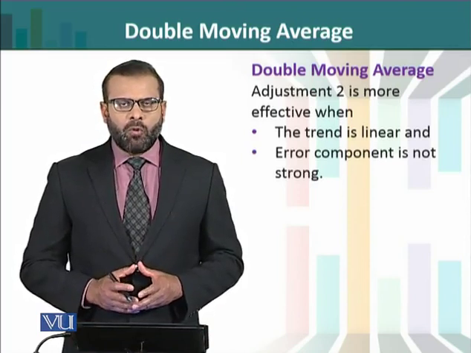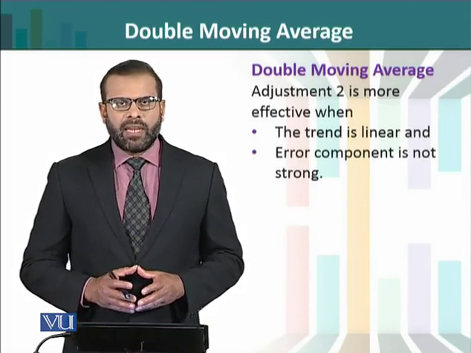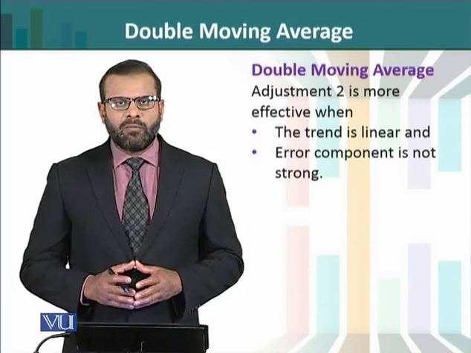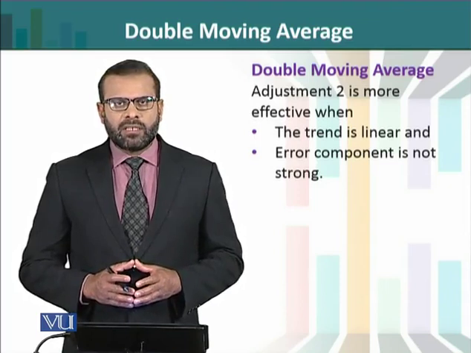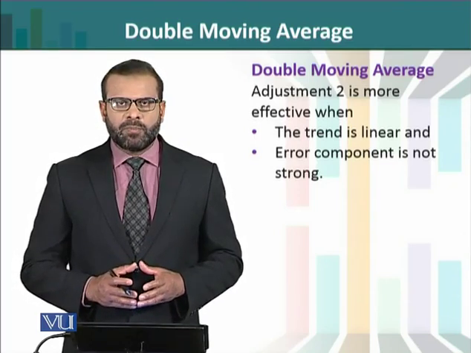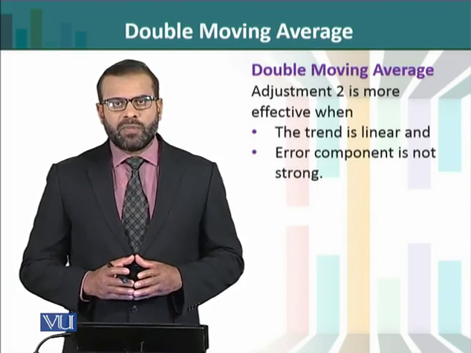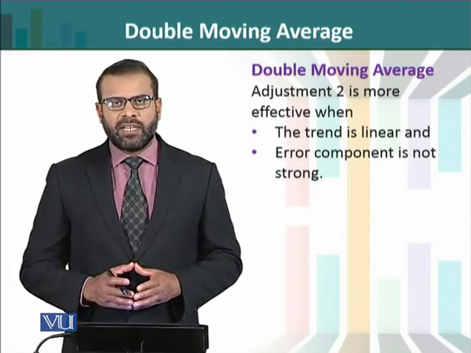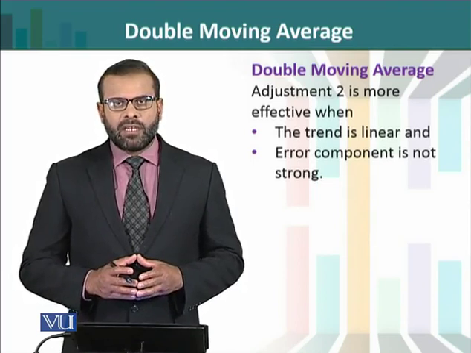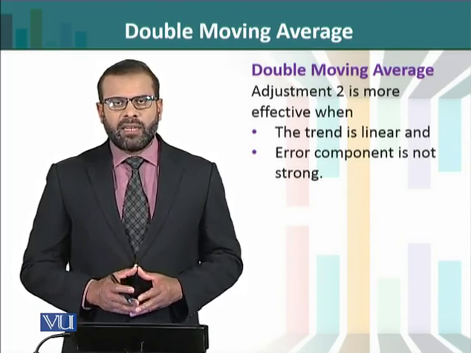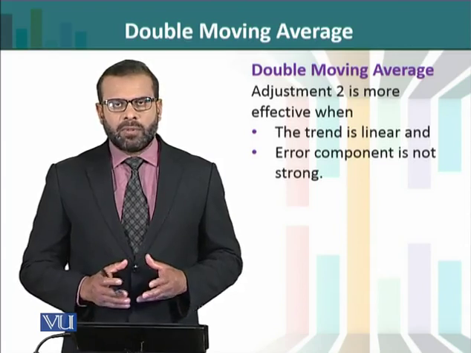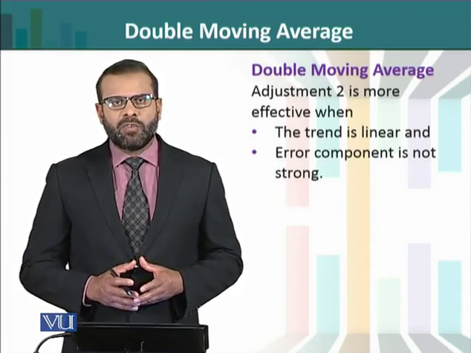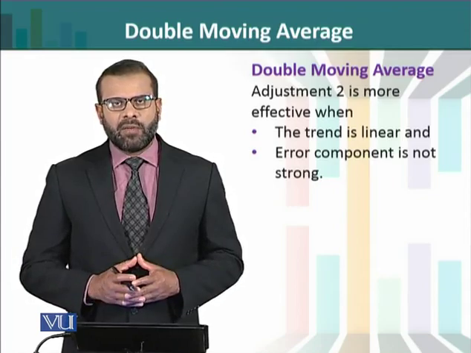We have already talked about this: this technique will provide good results only when the random error term is not very significant. If there is an error in the data and it is some kind of systematic error, then the double moving average is actually the best technique among these moving average methods.